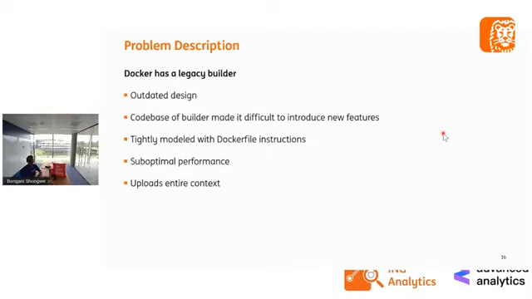So every time there's a new Docker release, there weren't that many innovative features. The Docker builder was tightly modeled with the Docker instructions and had a linear build design. It had suboptimal performance, and it uploads the entire context. By that, I mean that even if you made a single change, maybe even to the final build step, this Docker builder would upload the entire context, even though you changed one line.